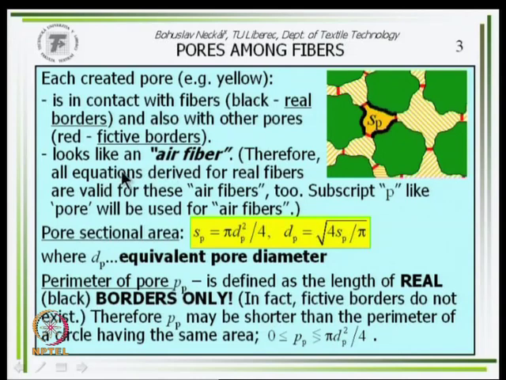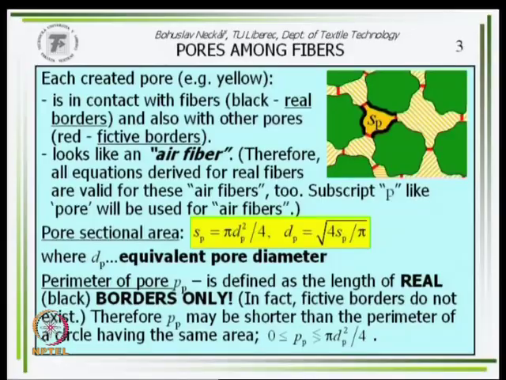And this tube, this air tube so created, looks like an air fiber. Therefore, practically all equations which we derived for fiber are valid also for our air fiber, air tube.